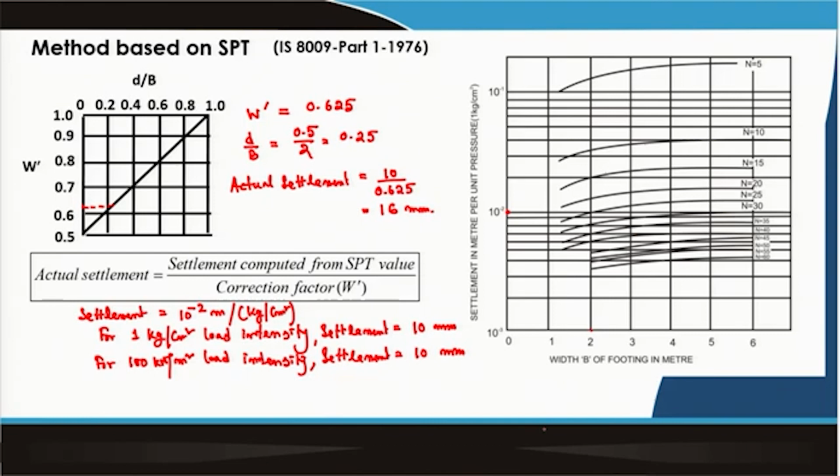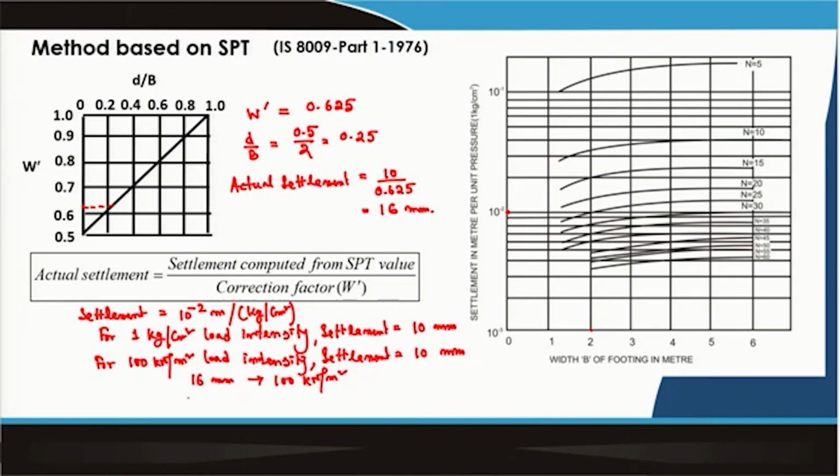So, after correcting with the water table correction factor, we get 16 millimeter settlement for 100 kilonewton per meter square load intensity.